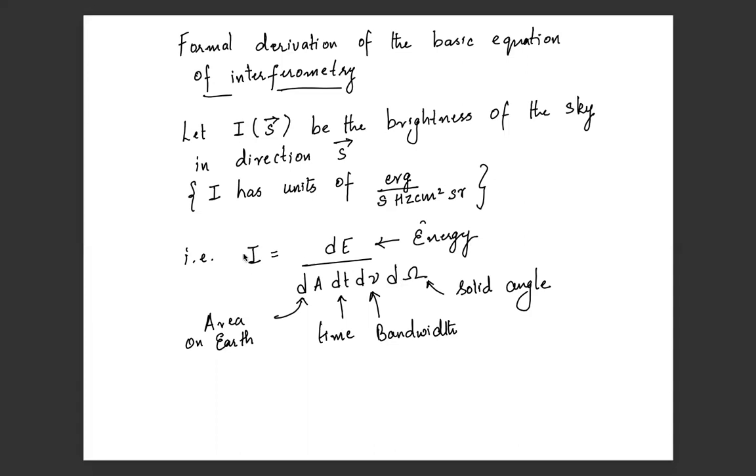So you can think of I as the energy that is coming in from some direction on the sky, and that energy you're measuring per unit area on the Earth, per unit time, per unit bandwidth, and per unit solid angle of that pixel on the sky. Okay, so that's the most basic quantity you can measure to understand how bright sources are in the sky.